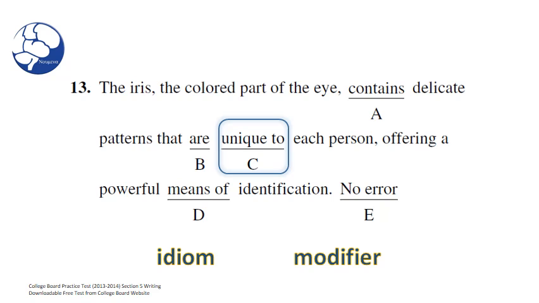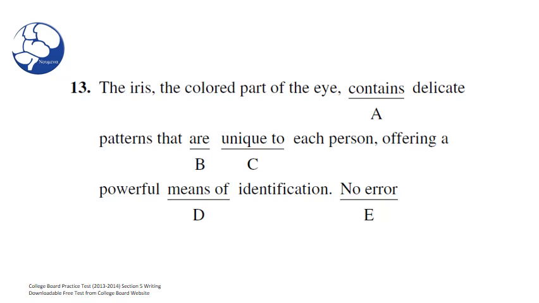Awesome. All right, so let's look at our last choice then before we get to E. D, "means of." Offering a powerful means of identification. Again, is this possibly an idiom error? What did we say about idioms?